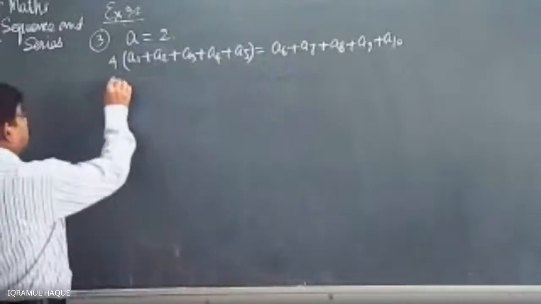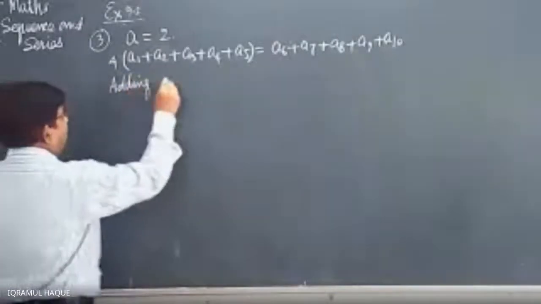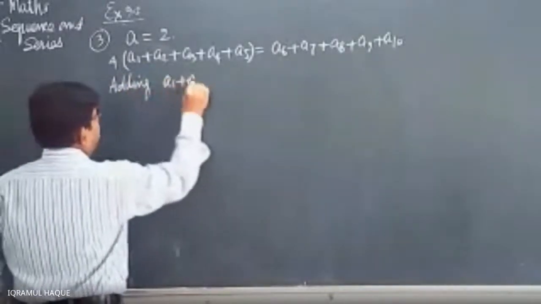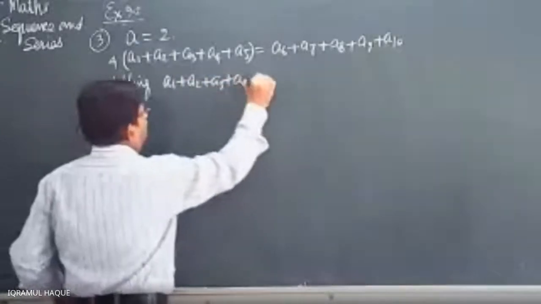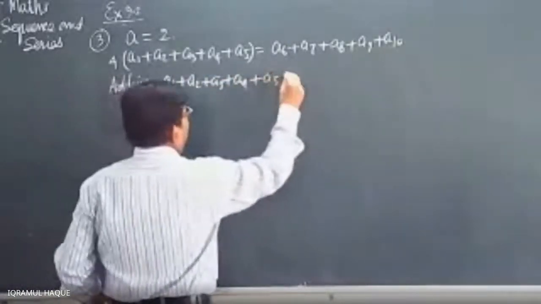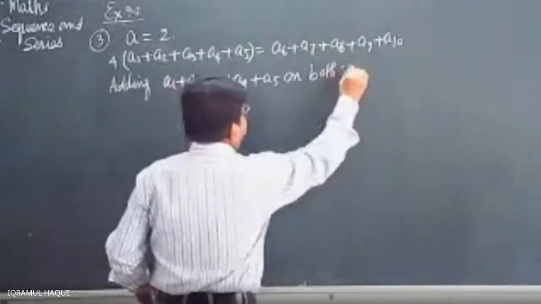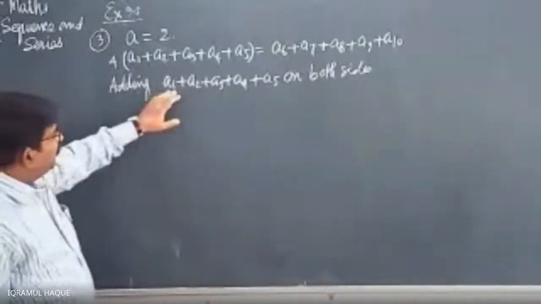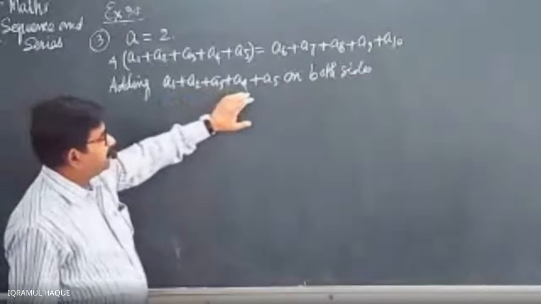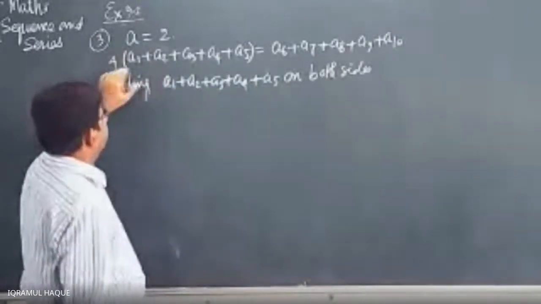Add, see, adding A1 plus A2 plus A3 plus A4 plus A5 on both sides. And if you add A1 plus A2 plus A3 plus A4 plus A5 this side, so this is already 4 times.